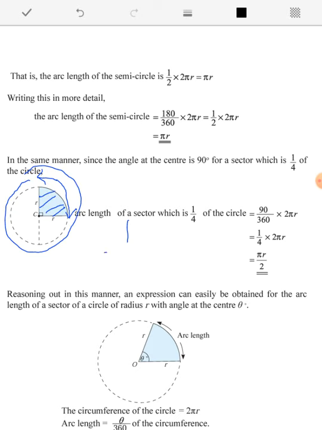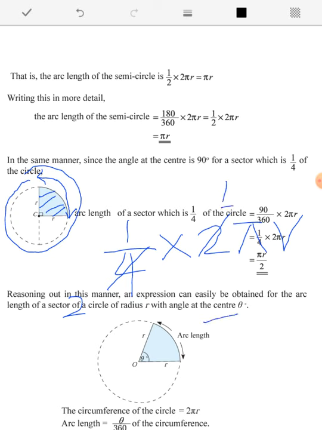So you can multiply 1/4 by this 2 pi r. These two cancel out, so you would get 2 here and 1 times pi r, which is just pi r over 2. Hope this one is clear to you.